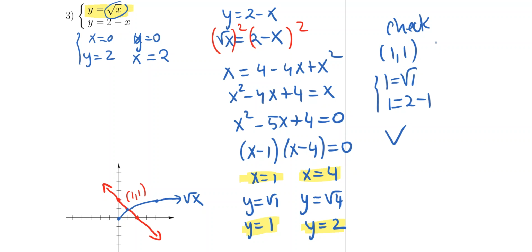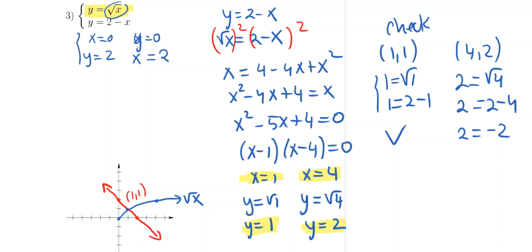Yes. So 1, 1 works. And then check 4, 2. Is it true that 2 equals square root of 4? Yes. Is it true that 2 for y equals 2 minus 4? No, 2 does not equal negative 2. So this one doesn't work. So the only solution is the one that we got graphically, 1, 1.